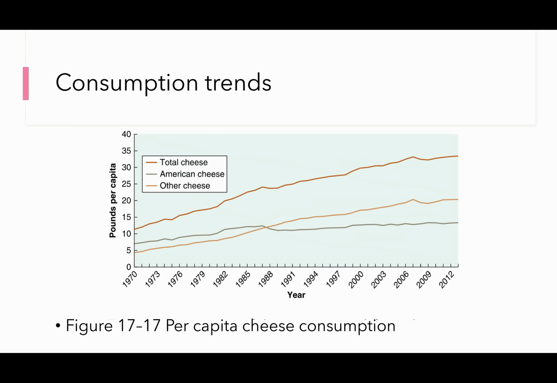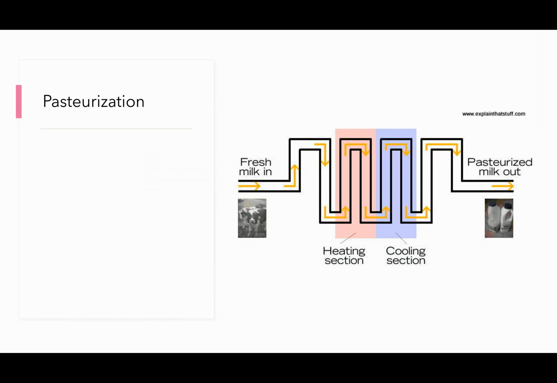Now, the total consumption trends of cheeses, you can see all the cheeses are increasing. American cheese is increasing at a lower rate than other cheeses, but across the board, all cheese is increasing.